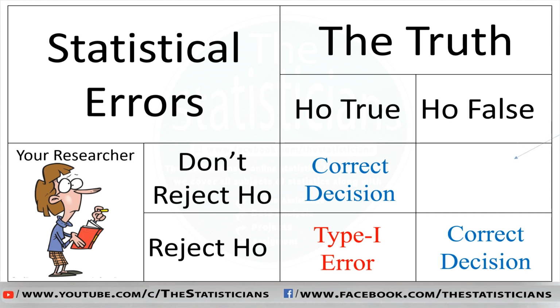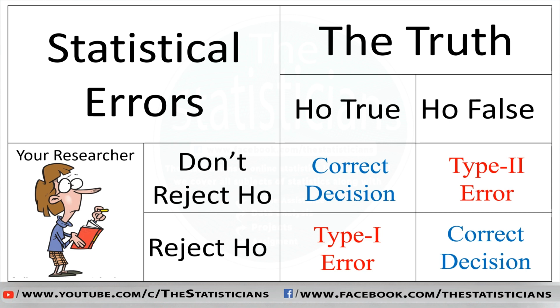Now let's look at this final situation here. The null hypothesis is false. We should reject it. But what happened? We failed to reject it. So again we have made an error. What type of error is that? When you fail to reject the null hypothesis when actually the null hypothesis is false, that's called a type 2 error.